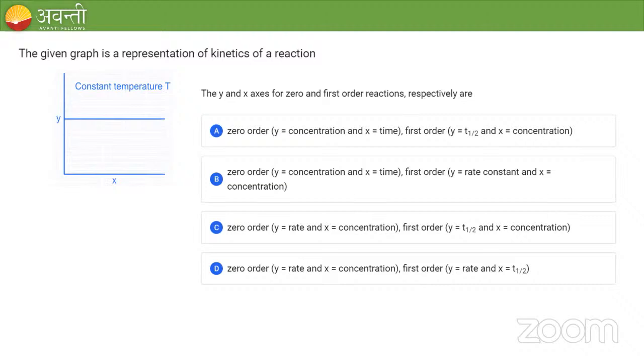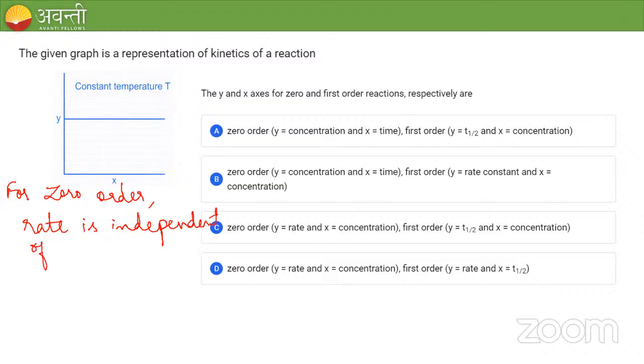For zero order reaction, we have studied that rate is independent of the concentration, right? Rate is equal to K into A to the power 0, and A to the power 0 is nothing but 1.